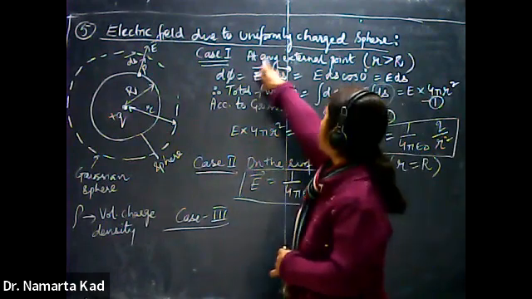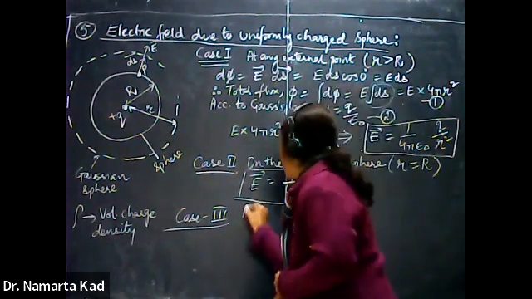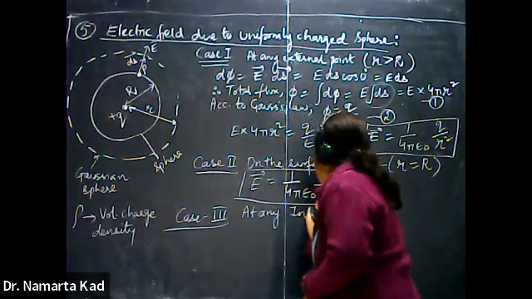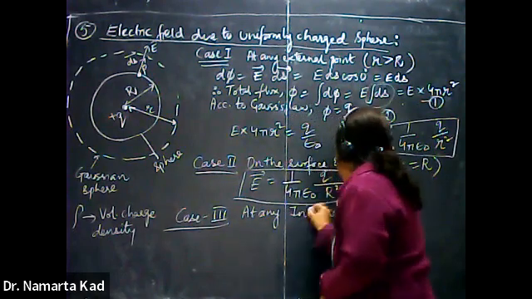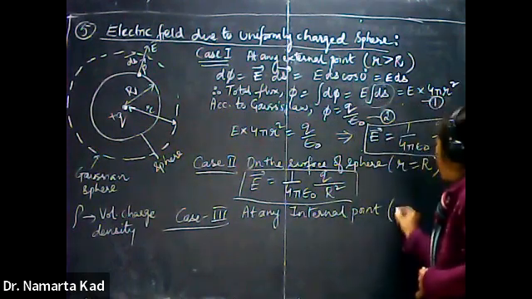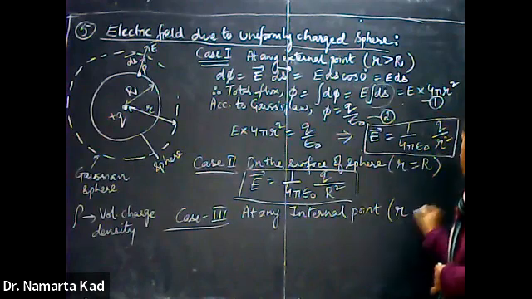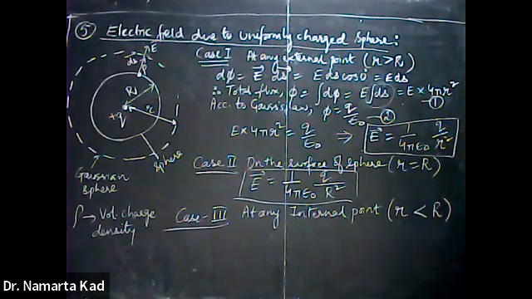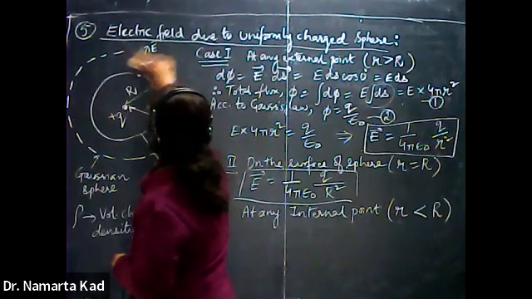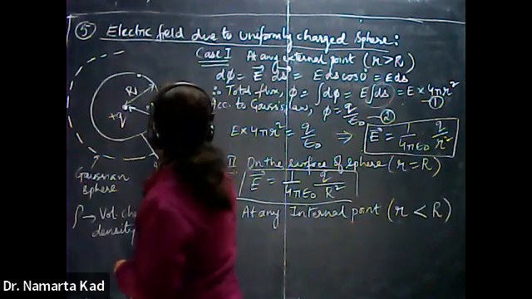Just as here it was written at any external point, here I am going to write at any internal point. And here the case is small r is less than capital R. Okay, and now I am going to change the point P again.